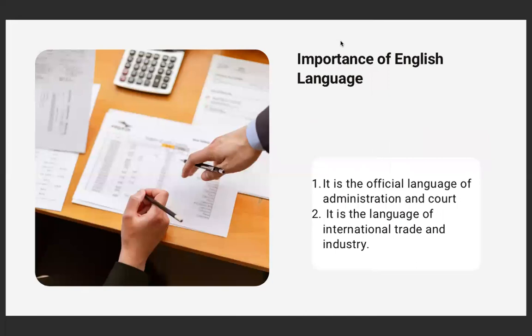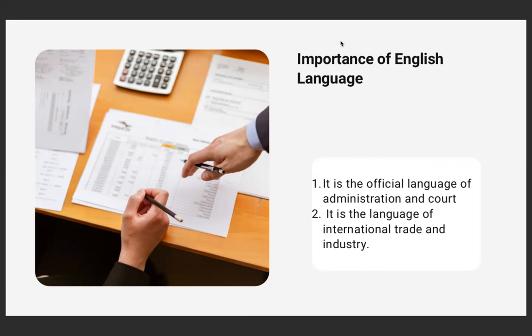Next we have the importance of the English language. The English language is the official language of administration and courts in India. Also, it is the language of international trade and industry. If we want to export or import something, we must know the international language.